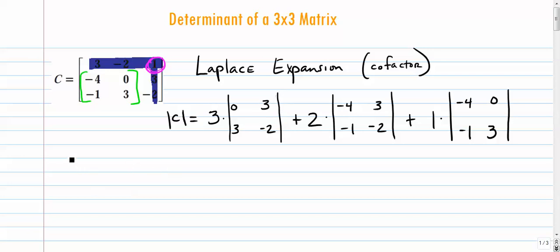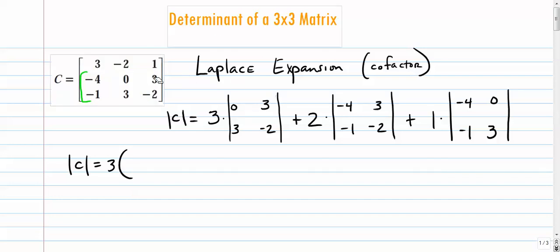So here we go. Let's do a little determinants. We got 3 times. Now remember, we have rules for determinants of a 2 by 2, and that's all this is: 0 times negative 2 minus 3 times 3. Close that off.